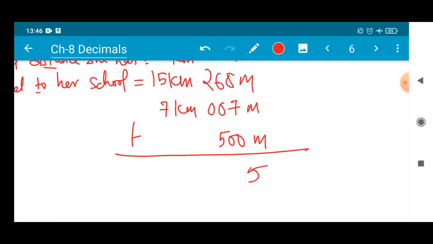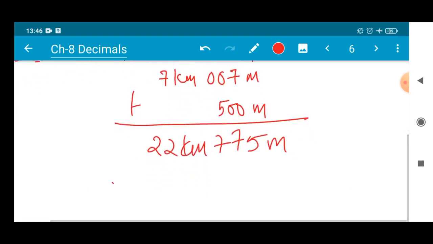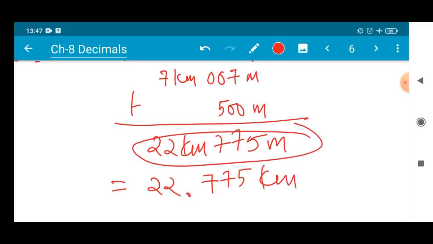So 1 plus 6 is 7, 7 plus 0 is 7, 2 plus 5 is 7. That is for meter. Now I'll be adding the kilometer part. So 15 plus 7 will be 22 kilometer. So the total distance that she is traveling every day by bus, by car and by foot is equal to 22.775 kilometers.